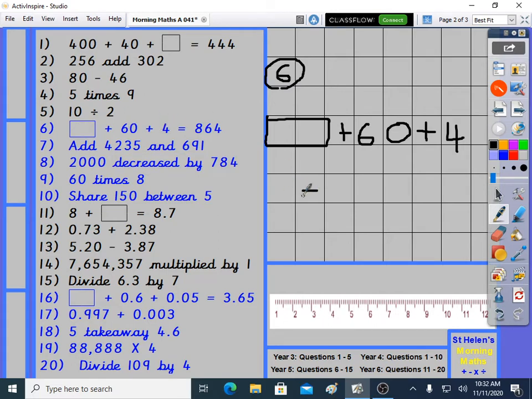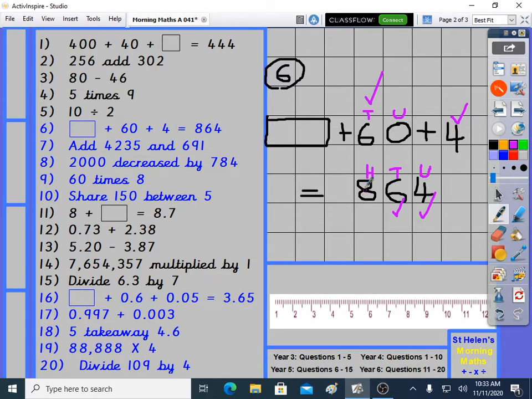And here is the answer, which we've already been given. 864. So I'm just going to put my hats on the answer. These 4 units, we've got them up here. These 6 tens, we've got them here. So we've got the 4 units, we've got the 6 tens. We haven't got the 800s anywhere in the question.